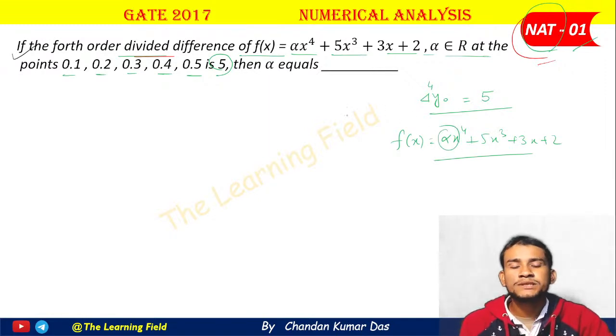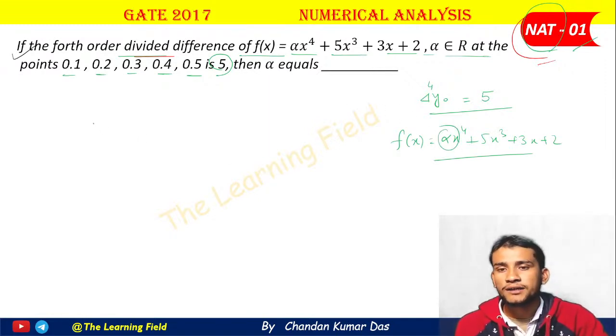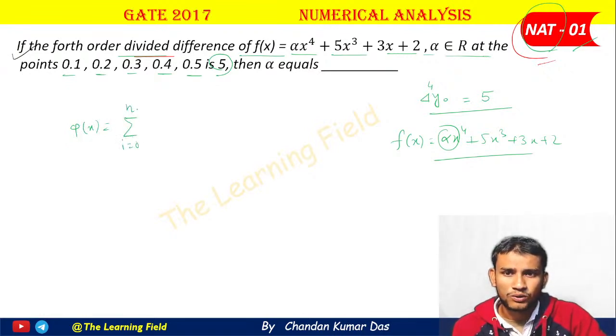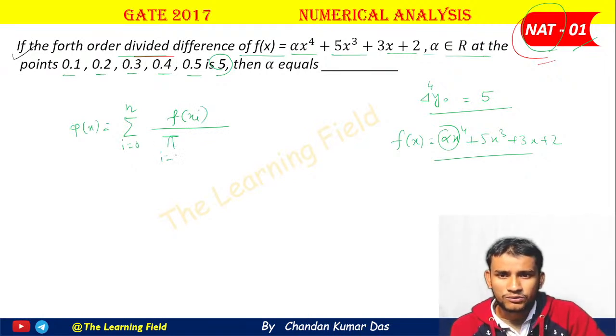Now we can calculate this alpha by using the direct formula for the divided difference, which you already solved: summation i equal to 0 to n of f(xi) divided by the product over i not equal to j of (xi minus xj).